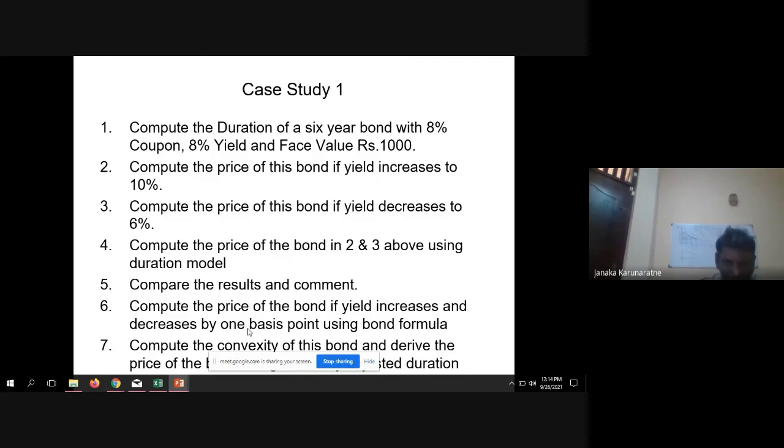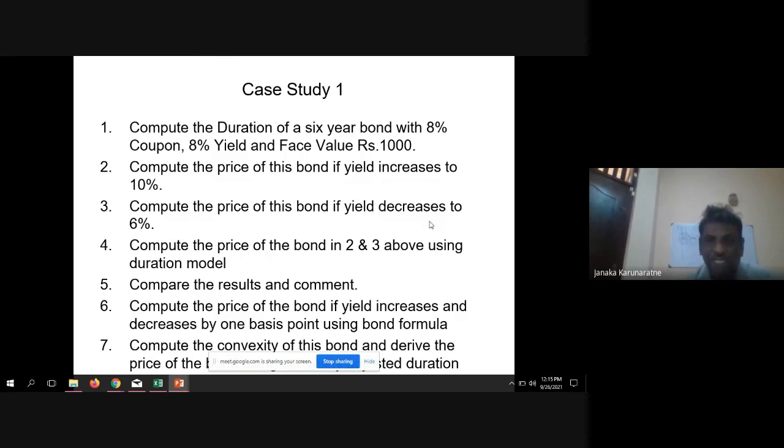Okay. Compute the price of the bond if yield increases and decreases. Now again use the same formula, not the duration, same formula. If the yield increases by 1 basis point, what is the price?